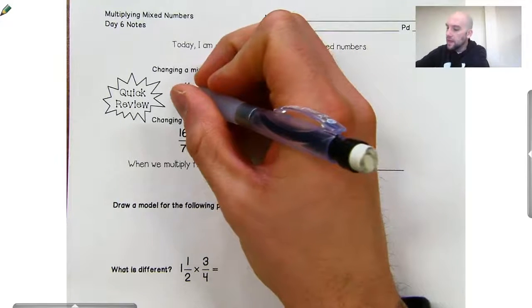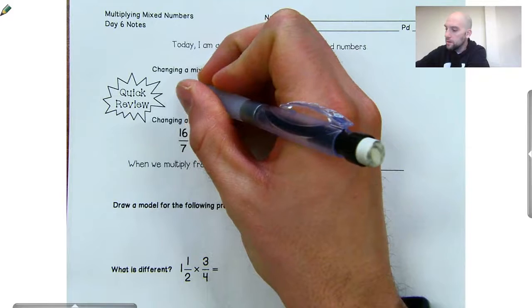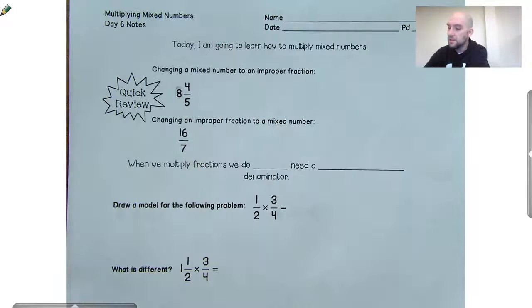We know that 8 can be changed into fifths because we know that 1 whole is 5/5, and we can multiply 5/5 times 8 to find how much 8 is in fifths.